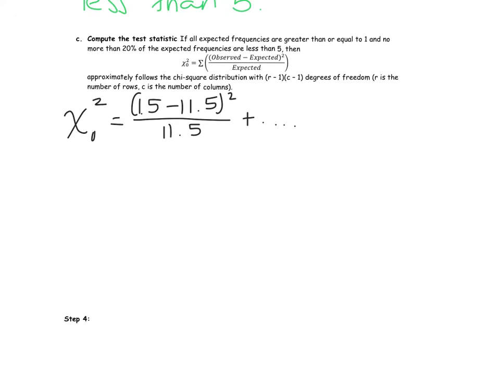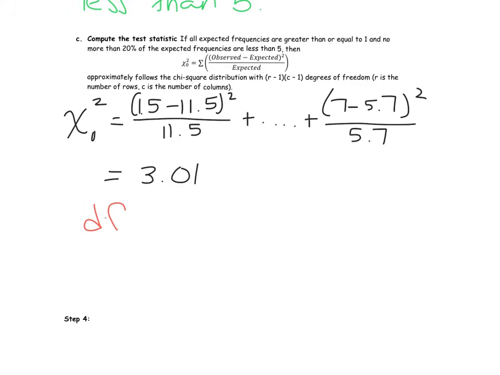So a little bit of teacher magic right now. And then that last cell, the observed value is 7, expected is 5.7, and divide that by the expected. And if you add all that up, our test statistic is 3.01. So again, we would have to do that 9 times, a little tedious. And like we were talking about before, our degrees of freedom is 4, because there are 3 rows, 3 columns.